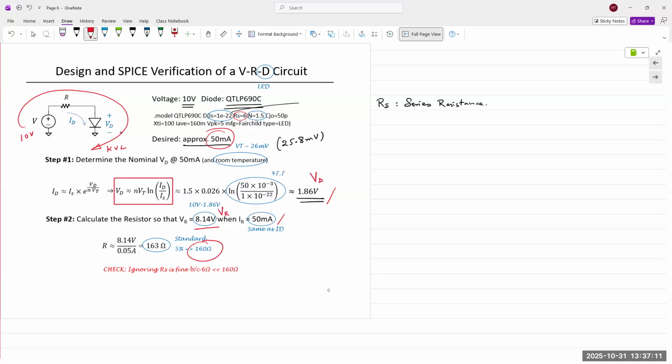So the current for the voltage source is the same as the current for the resistor and the current for the diode. The current is the same for all because it's a series circuit, but the voltage is not the same. Other questions?